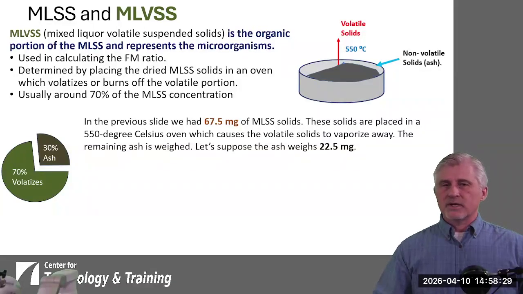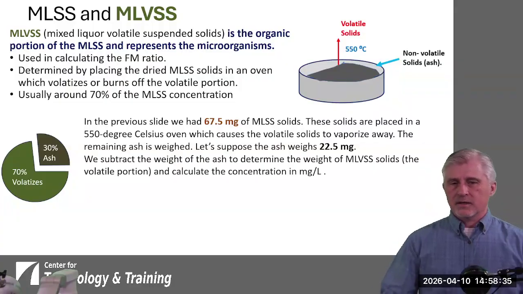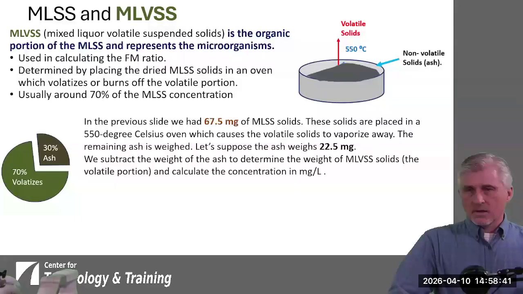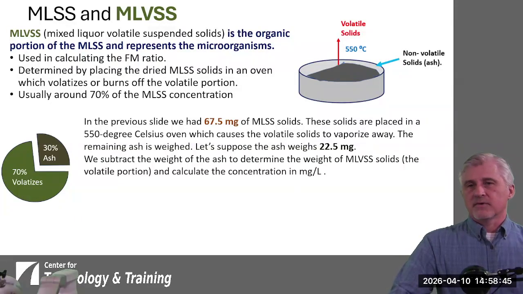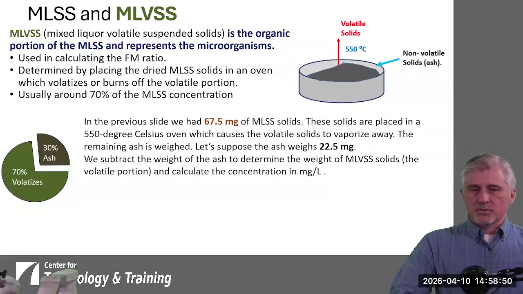let's say we had 22.5 milligrams. So in order to do this, we're going to take the MLSS weight and subtract the weight of the ash to determine the weight of the mixed liquor volatile suspended solids, and calculate the concentration in parts per million.